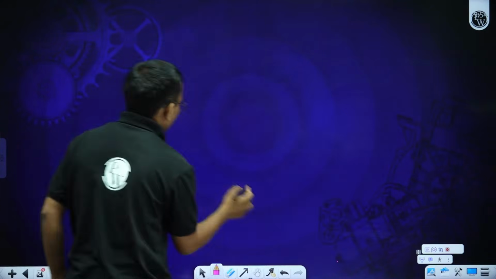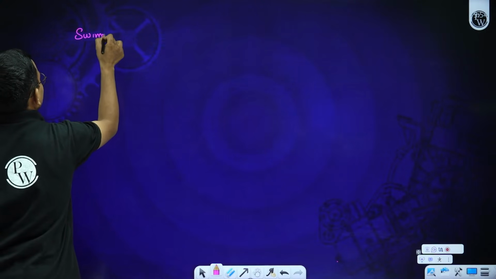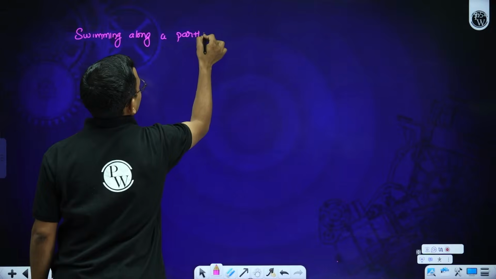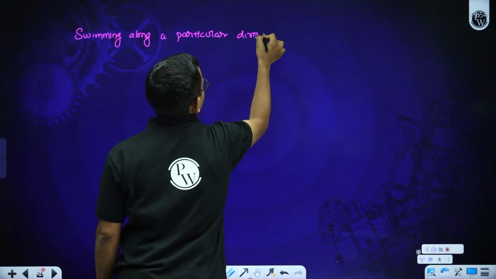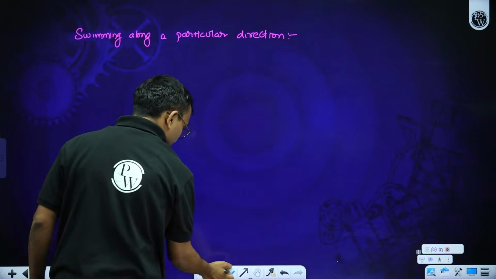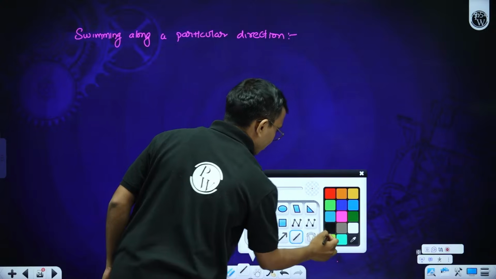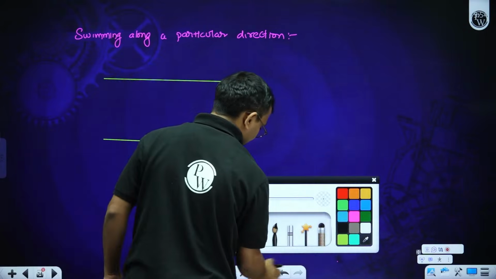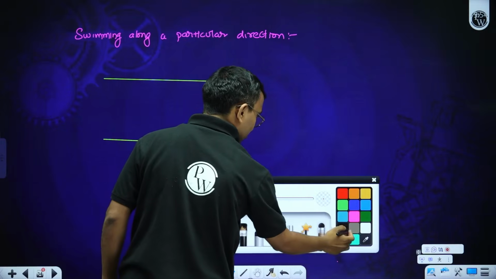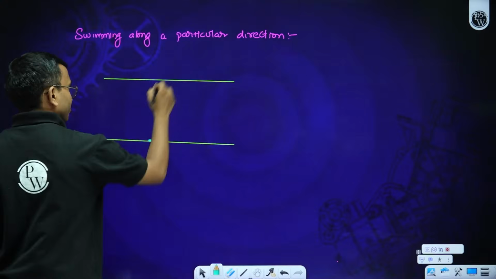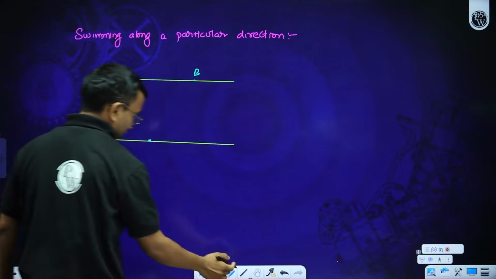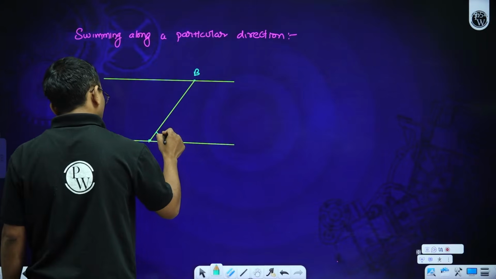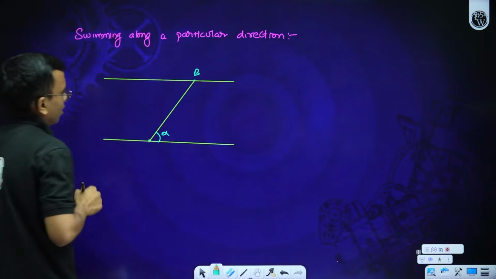Then there can be swimming along a particular direction. Swimming along a particular direction means, let us take this is our river, and here is the person, and the person should reach here at that point B. They will give you that this line is making some angle, let us take 30 degrees or maybe any angle, let us take alpha with the horizontal.